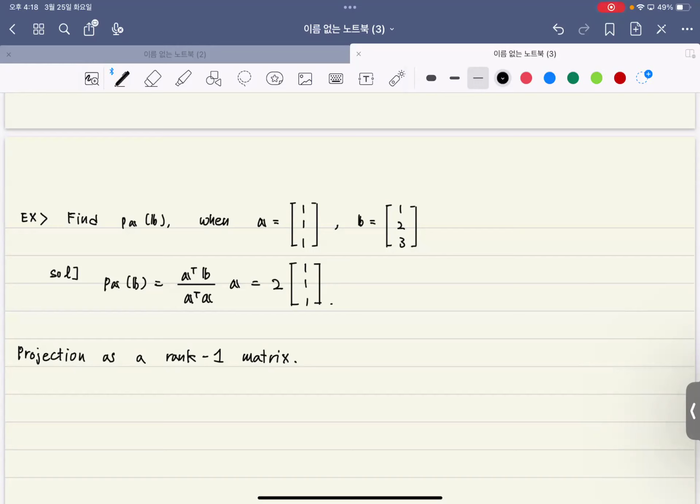On top of that, I want to find a matrix representation of PA in terms of the standard unit vectors. So here, 1, 1, 1 was written in terms of the standard unit vectors: 1 times E1 plus 1 times E2 plus 1 times E3. So what is such a matrix representation?